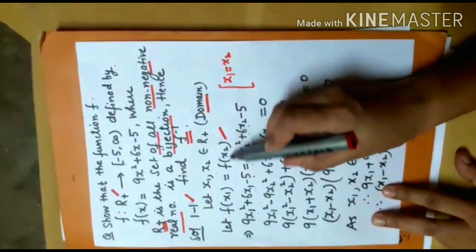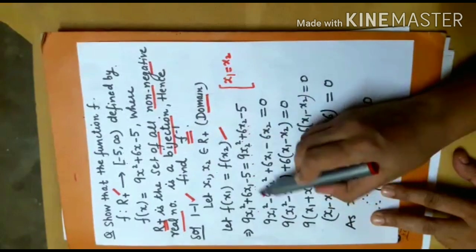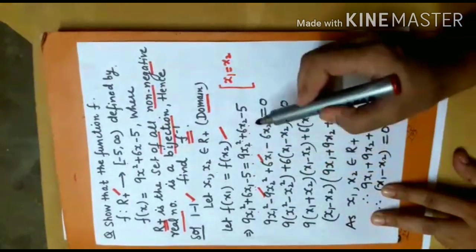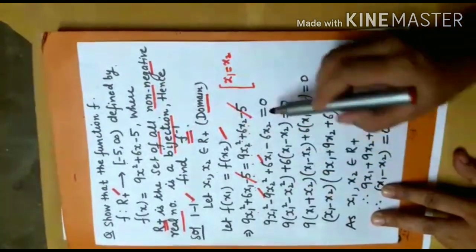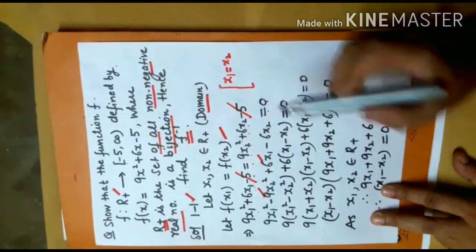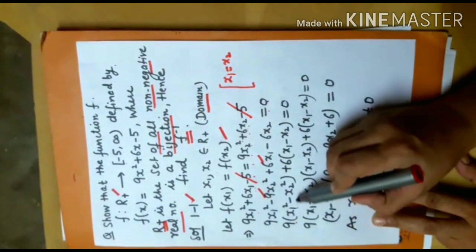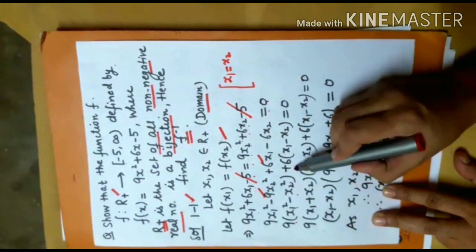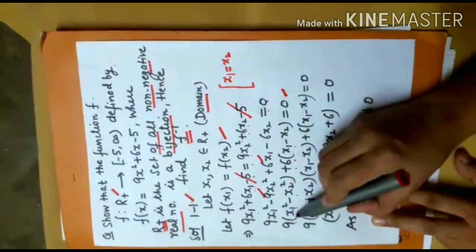Now I will proceed to show that x1 = x2. I'm transposing all the terms to this side: 9x1^2 - 9x2^2 + 6x1 - 6x2, and the 5s will get cancelled out, equals 0. So here 9(x1^2 - x2^2) + 6(x1 - x2) = 0.